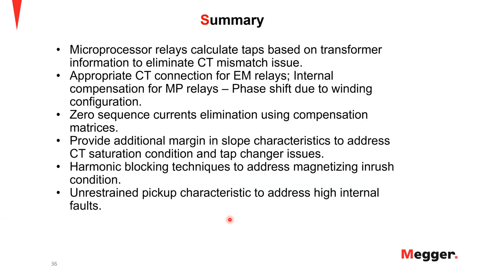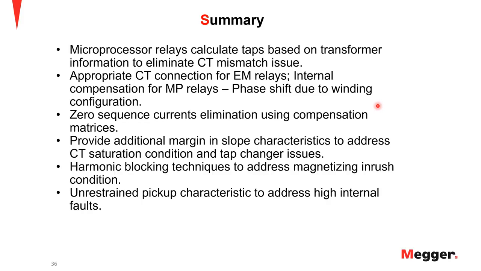To summarize what we've discussed so far regarding the challenges, we learned that microprocessor relays perform some mathematical calculations to eliminate zero sequence currents, to address the issues of phase shift because of different winding configurations, and also to help with the CT mismatch challenge.